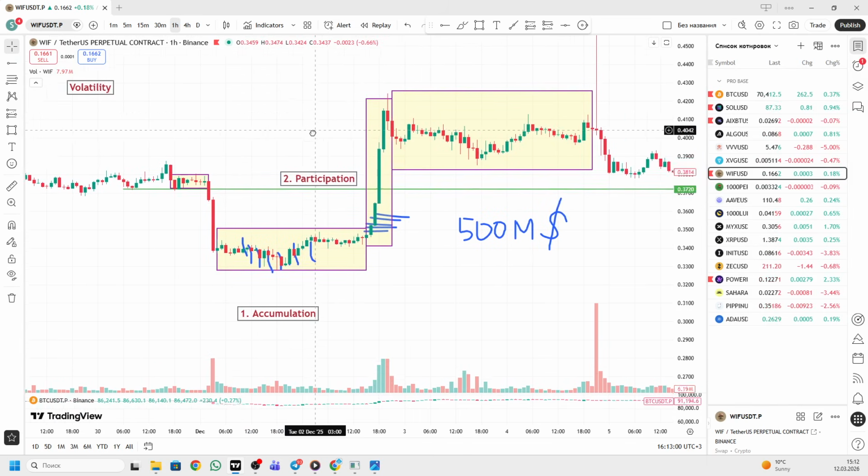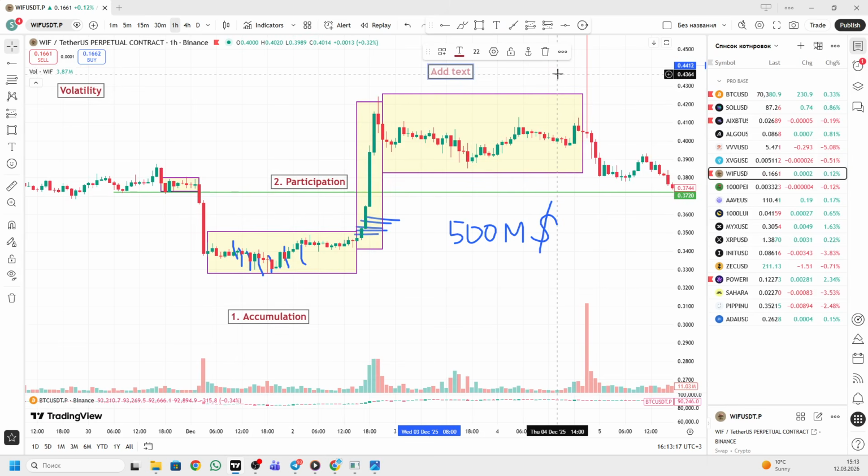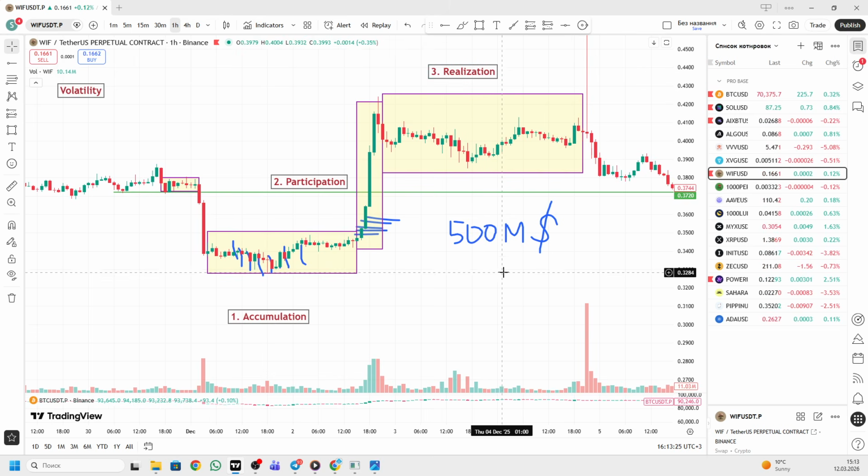Okay, so the next phase, the third one, is the realization phase. Different traders call it different things, but we call it the realization phase. Let's write it down. Realization.